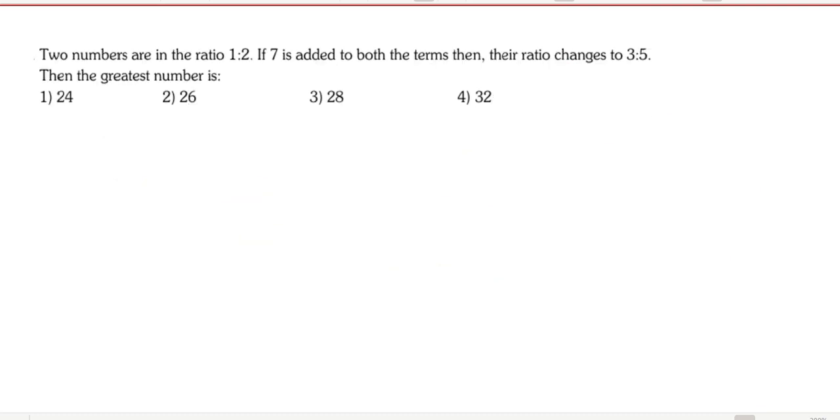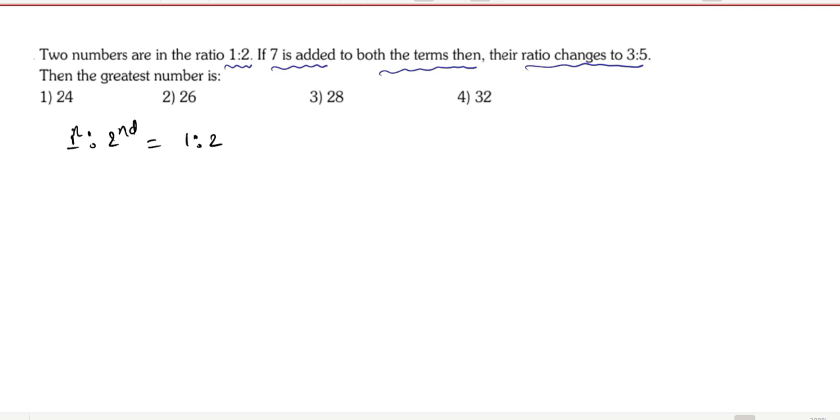Okay, now let us see the last problem in this test. The two numbers are in the ratio of 1 is to 2. If 7 is added to both the terms, then the ratio changes to 3 is to 5. Then the greatest number is? We have been given the ratio between the two numbers, the first number to the second number, as 1 is to 2.